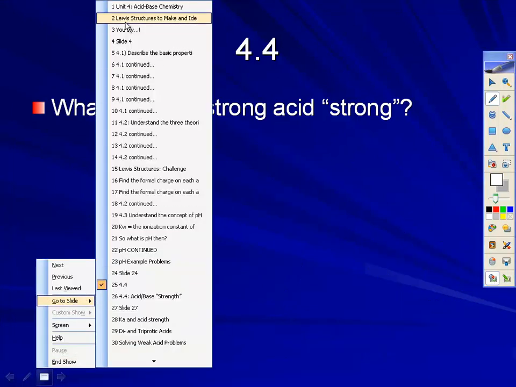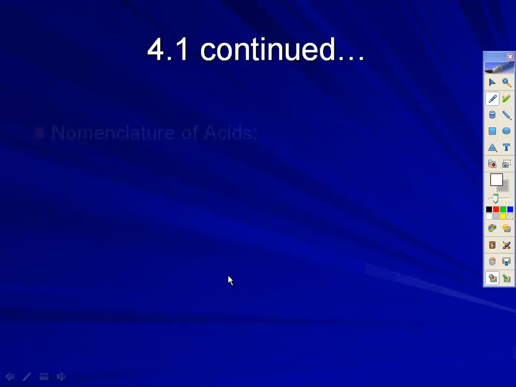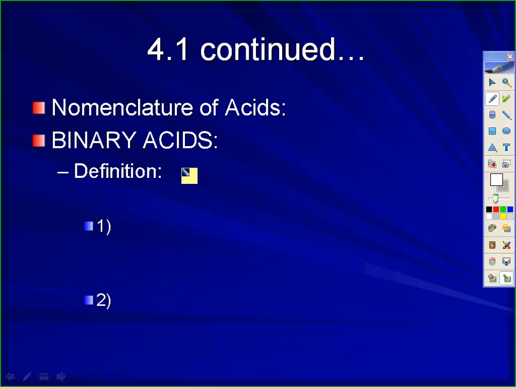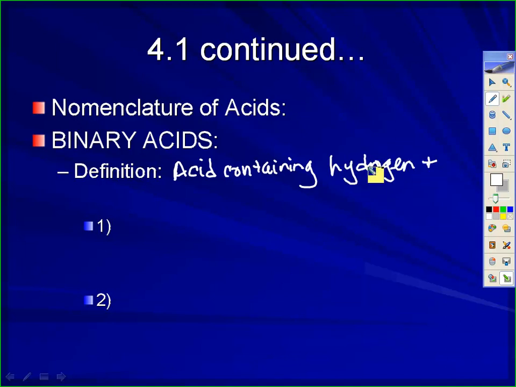So let's switch gears a little bit now and go to some nomenclature of acids. First we're going to talk about binary acids. A binary acid is an acid containing hydrogen plus one other element.